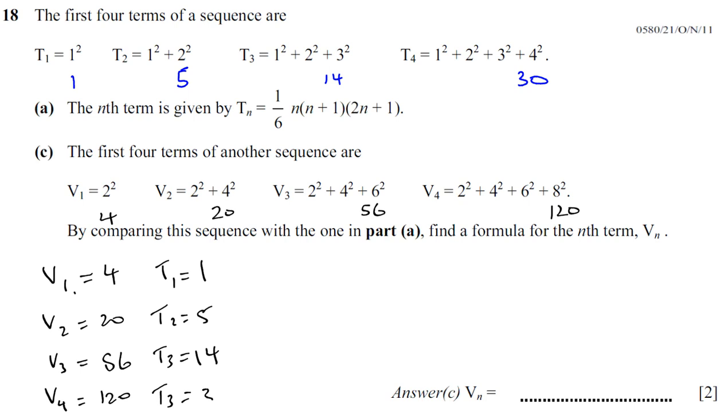And it says, by comparing this sequence with the sequence in part A, find the formula for the nth term of Vn. We have the formula for the nth term of T, which is 1/6 n(n+1)(2n+1).